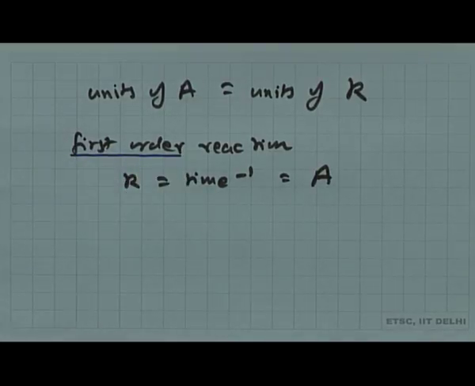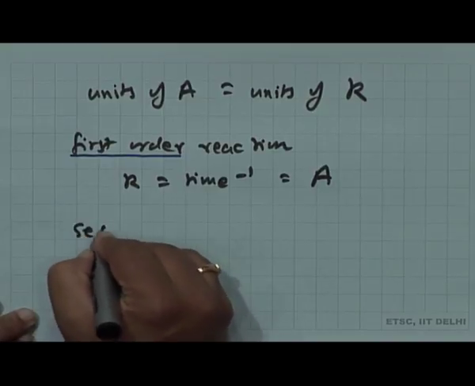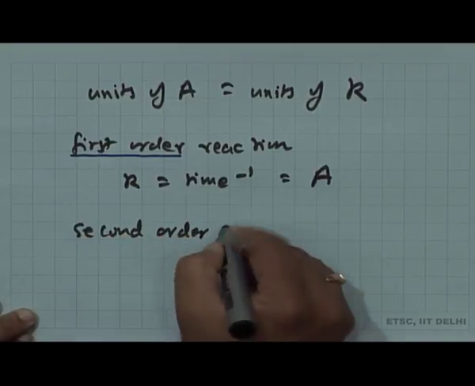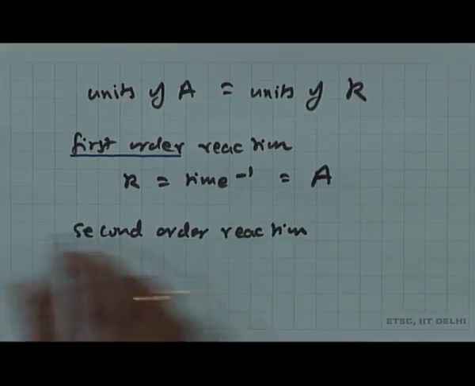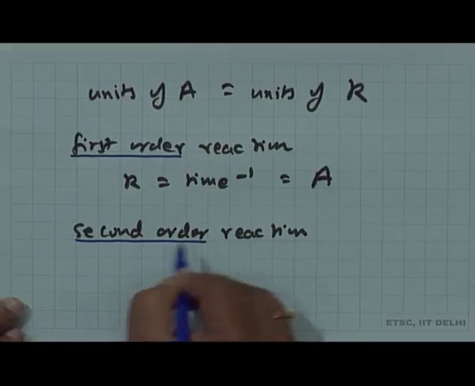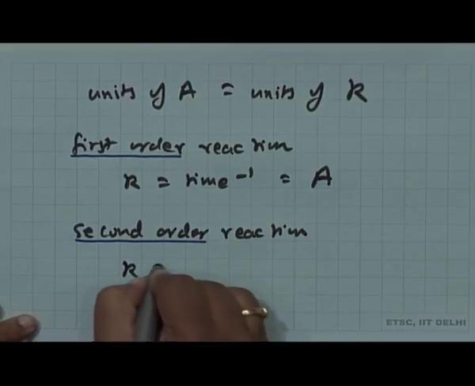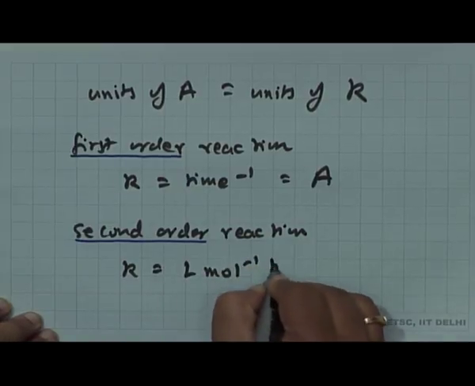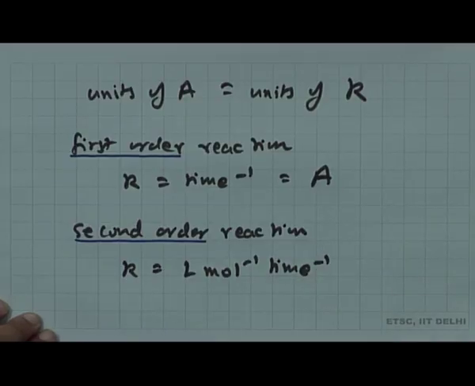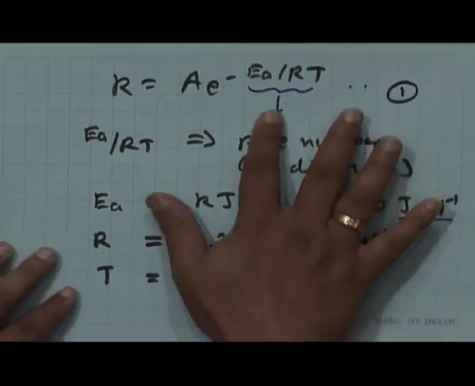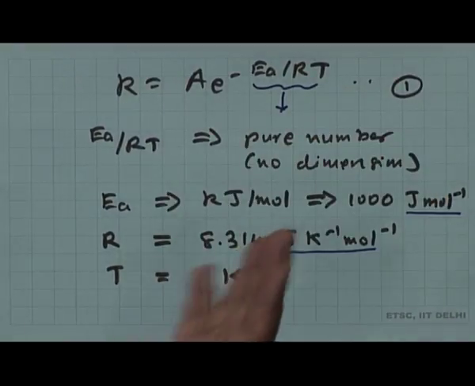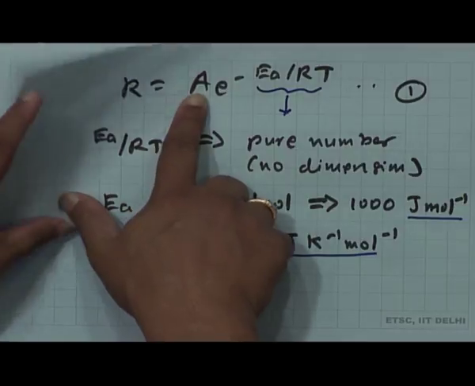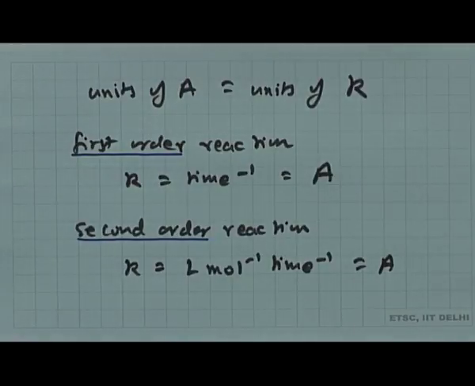Then recall what it would be for a second order reaction. So for a second order reaction, the unit of k is liter per mole per time, and this again is the unit of A. So again what it means is that because this exponential form is a pure number, the units of A will have to be that of the units of k.